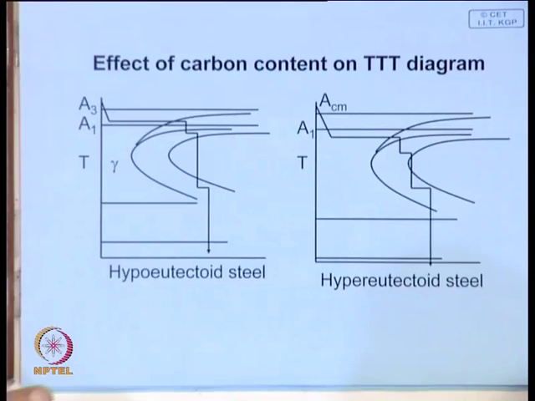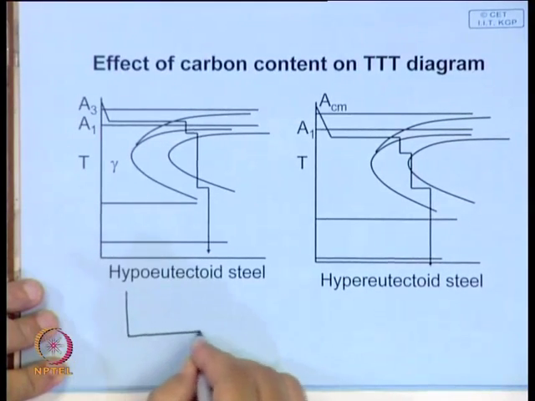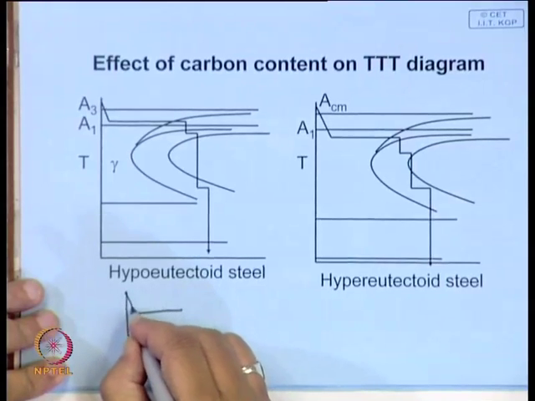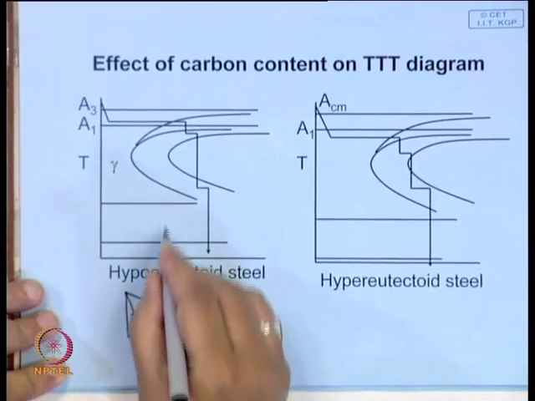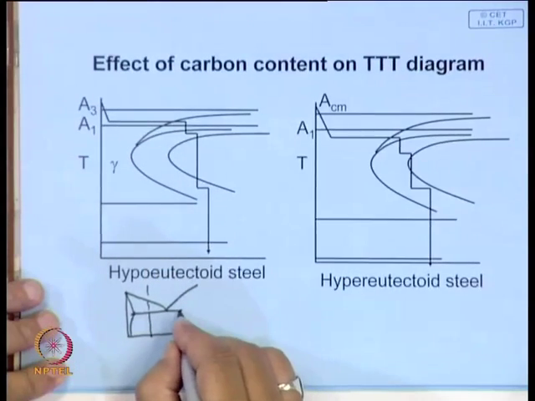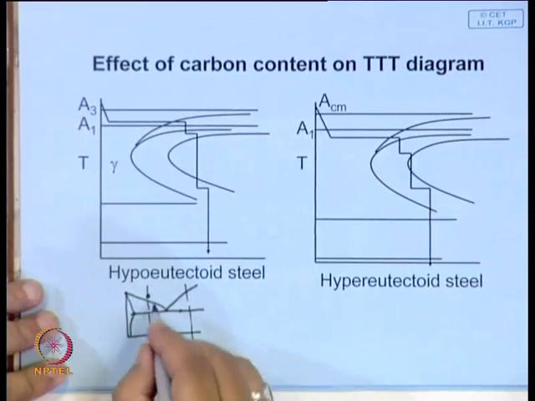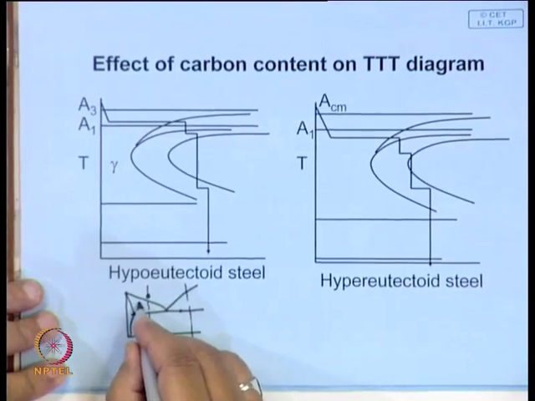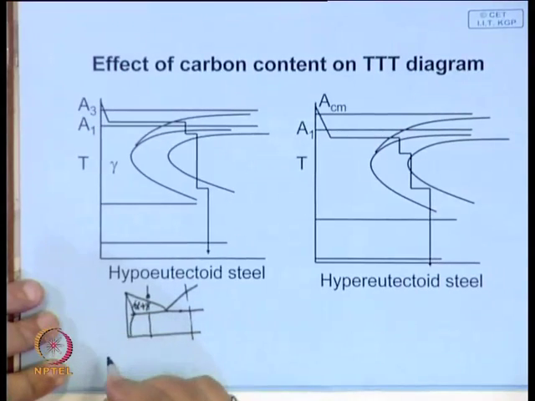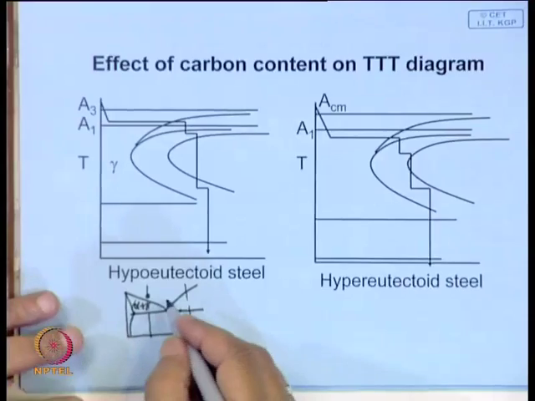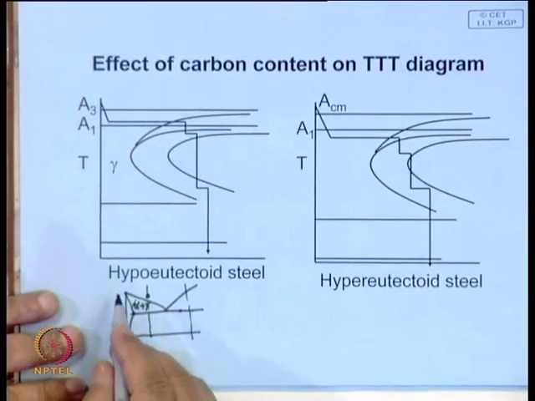If you recall that phase diagram, say hypoeutectoid steel is over here, hypereutectoid is this place, and in both cases if you start cooling from this point, you pass through a region where ferrite will start precipitating first from austenite. How will this transformation diagram be modified?